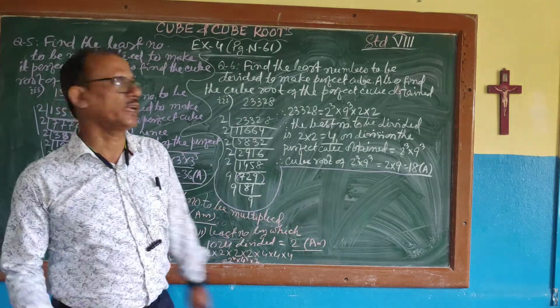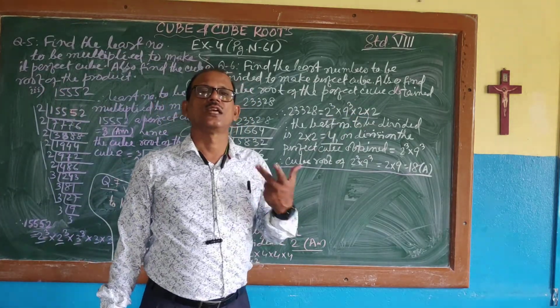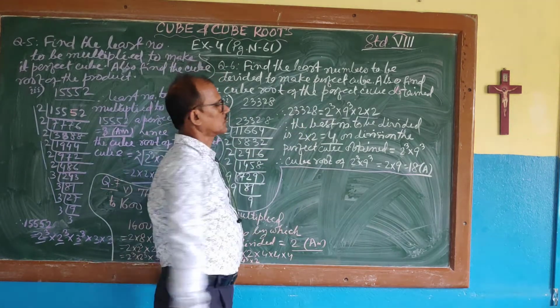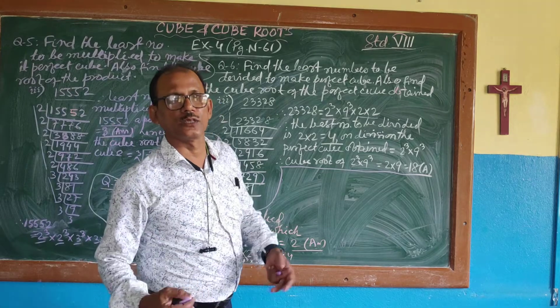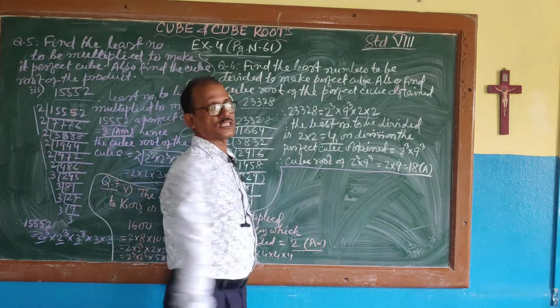So what do you have to divide by? You have to divide by 2 into 2. Therefore, the least number by which 23,328 should be divided to make it a perfect cube is 2 into 2, that is 4. 4 will be the first answer.